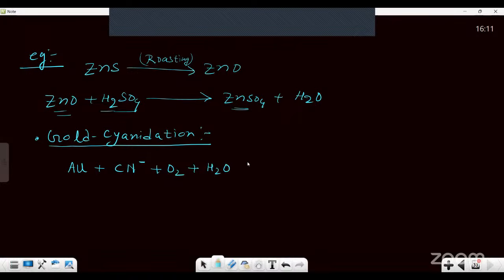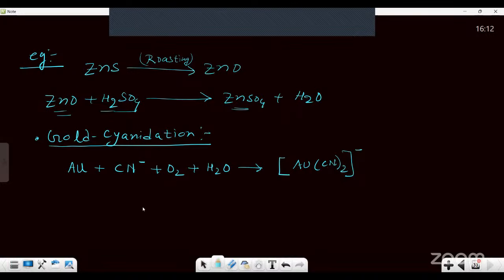You will get a complex of Au(CN)2 minus. This is basically the gold cyanide complex.